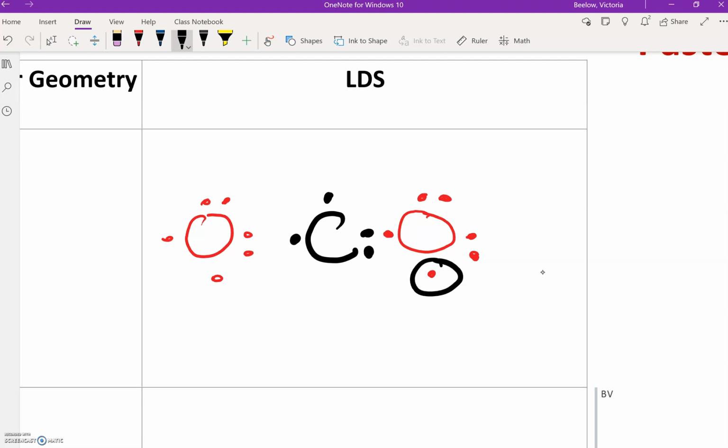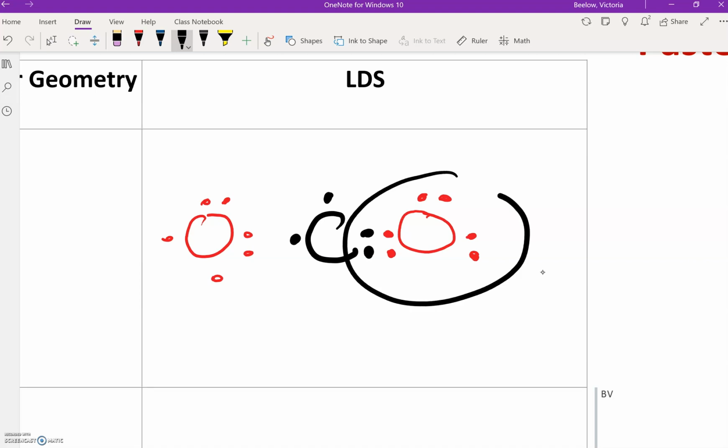And this electron that's by itself here for the oxygen, I'm going to move it here. So now I can see that this oxygen is surrounded by 2, 4, 6, 8 valence electrons. And these electrons right here are being shared, and that's going to create our bond.